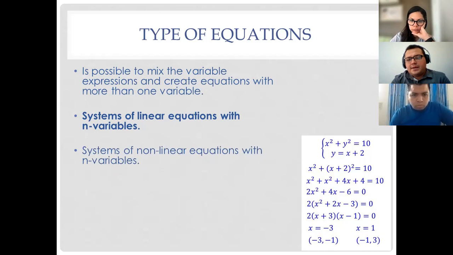At the end, we can create two kinds of systems in mathematics, talking about the type of equation. We can talk about the systems of linear equations and the systems of non-linear equations. The systems of linear equations are the basic case of the systems of equations, because you relate variable expressions that work with exponent 1 in order to create these relationships.